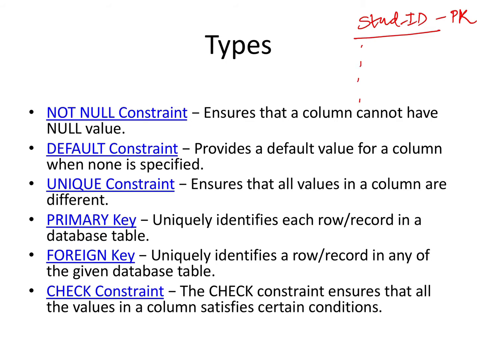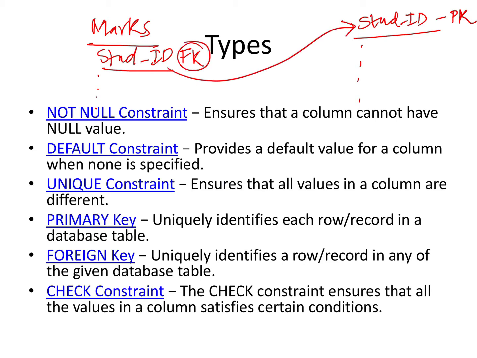There is another table, which is a marks table, in the same database, and I have a student ID there as well, maybe the name also, and a couple of records there. This is made a foreign key. This foreign key is referring to the primary key of another table wherein it is a primary key.